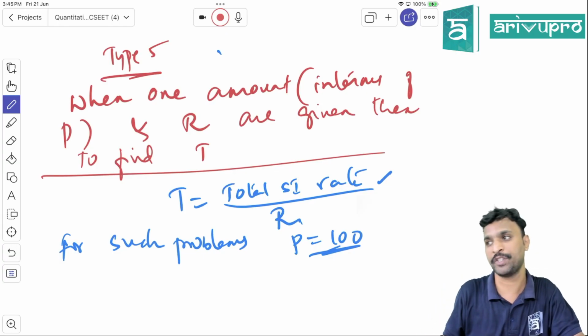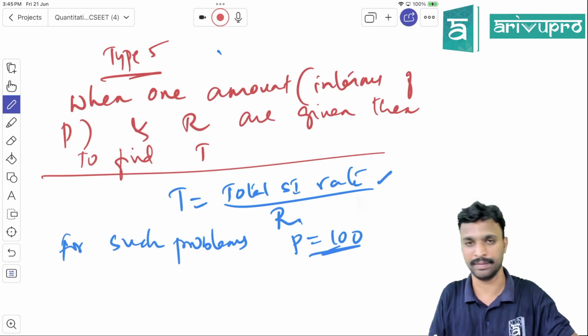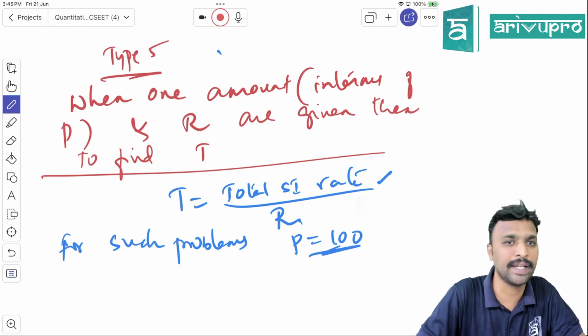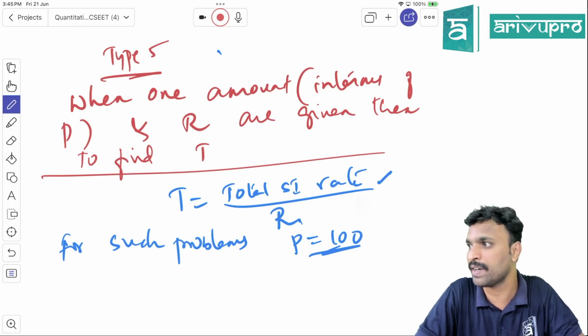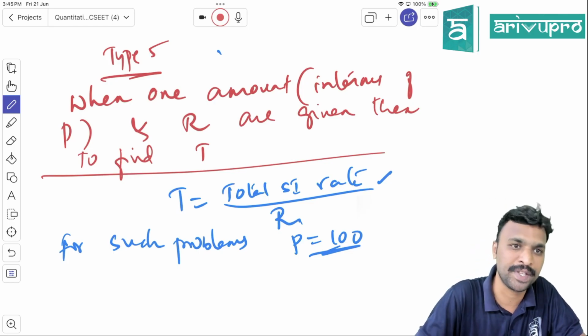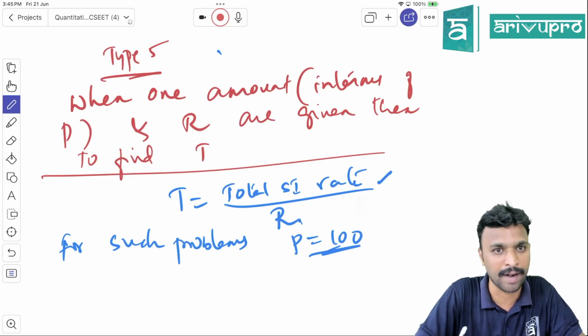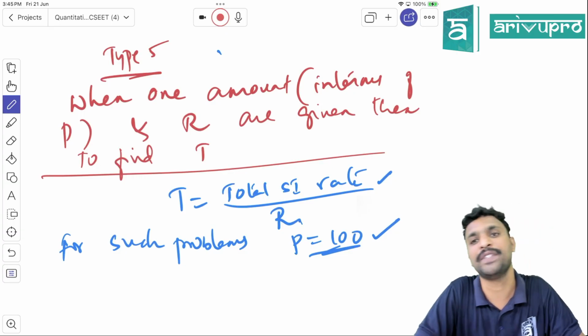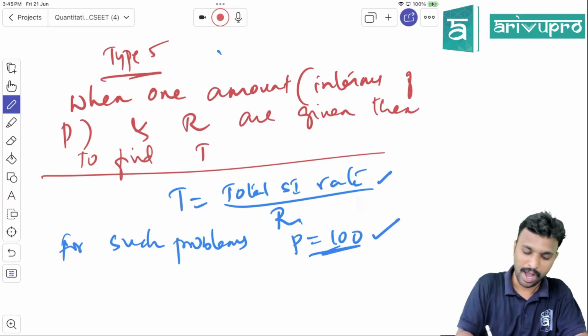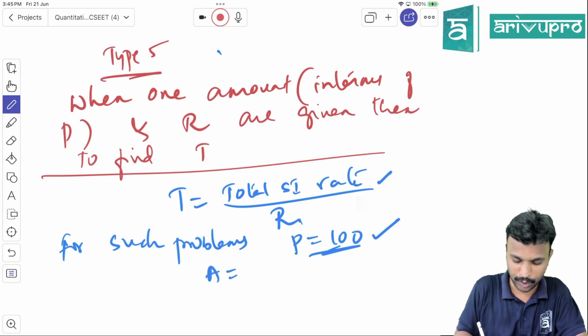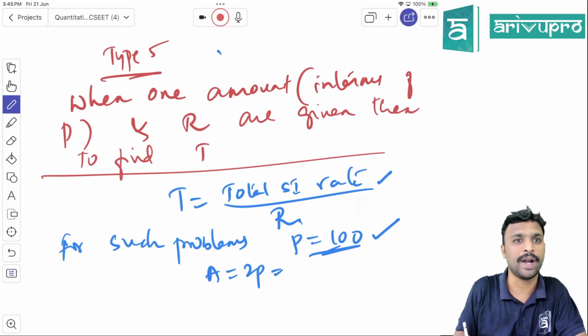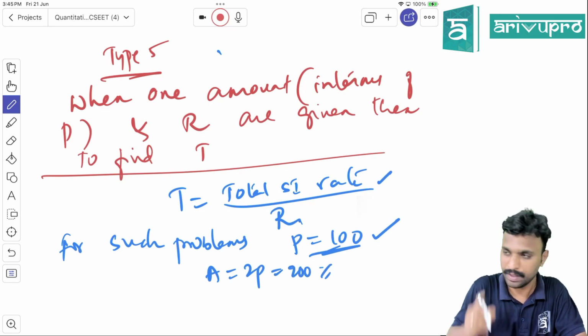Whatever rate of interest we calculate is based on what? Principal. So principal is a reference value. Reference value is always taken as 100. Therefore P is taken as 100. Now if the amount doubles, what is A? 2P. 2P means 2 into 100, 200%.